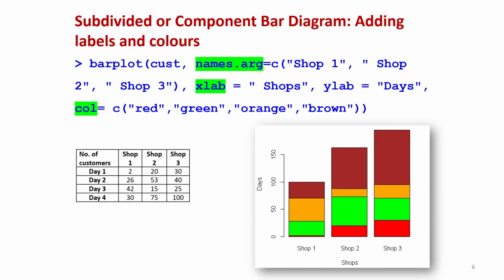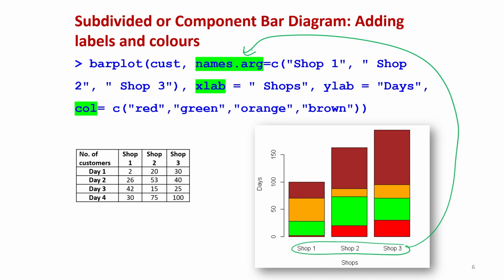Now in this bar diagram, if you want to make it more informative or give different types of information, you can. In most cases you will see that the same or similar commands will be used. For example, if I want to give the names shop 1, shop 2, shop 3, they are given by the same command we used in the earlier lecture, names.arg.